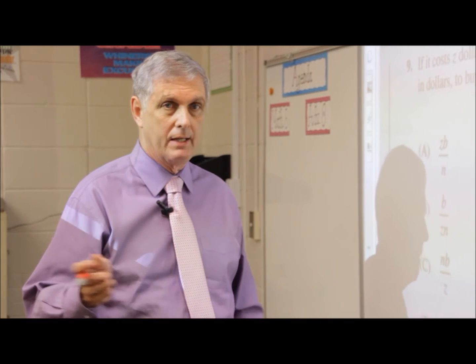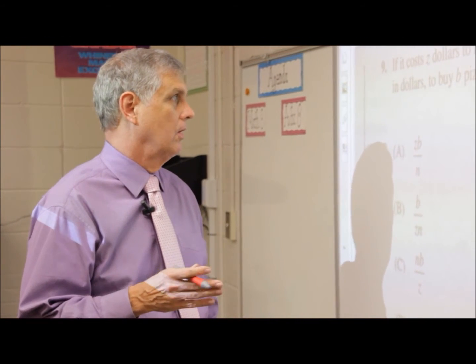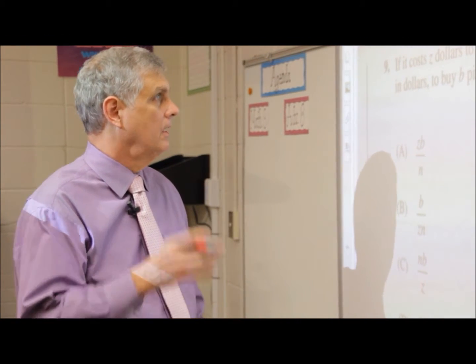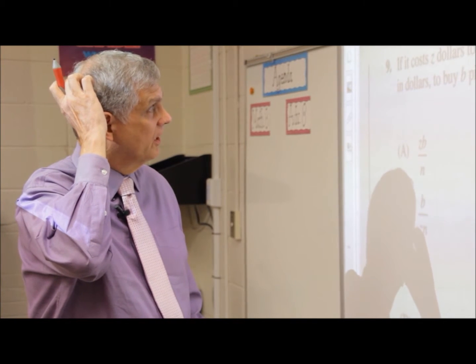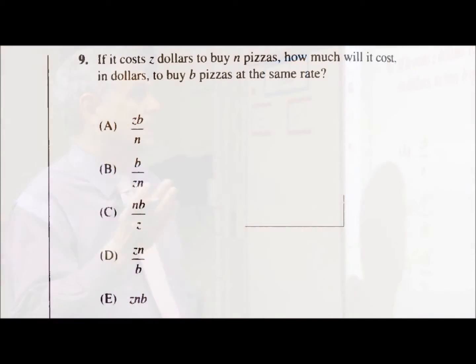So this is a direct relationship. And so we would use the direct proportion formula, which is x1 over y1 equals x2 over y2. So in this case, we're using the letters N, Z, B, and whatever we want the fourth letter to be. I'm just going to make the fourth thing a question mark.